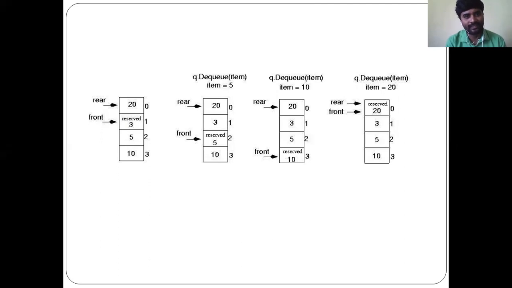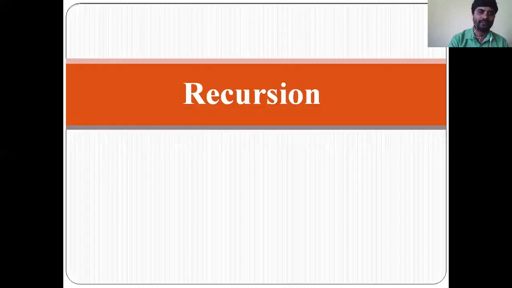At the same time, dequeue item is 10, so the location is 3. Dequeue item is 20, and the location equals front location equals 0.